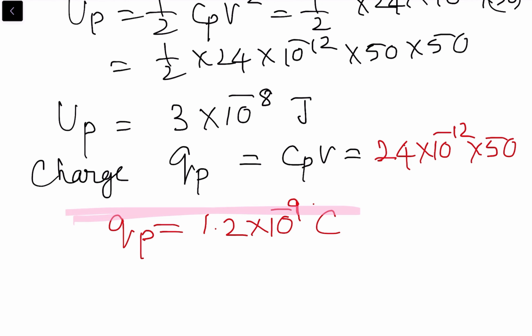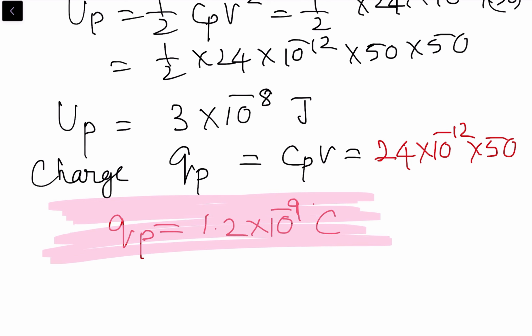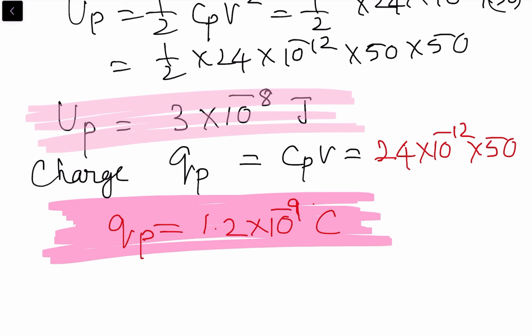So this is the answer for this third question in both the things. This is the energy which I am marking with this pink color. This is the energy stored in the parallel combination, and the pink color inside red is the charge drawn by the parallel combination.